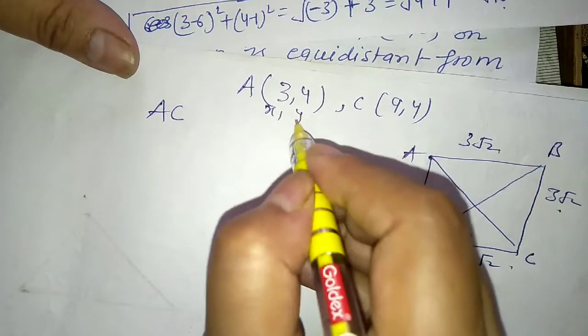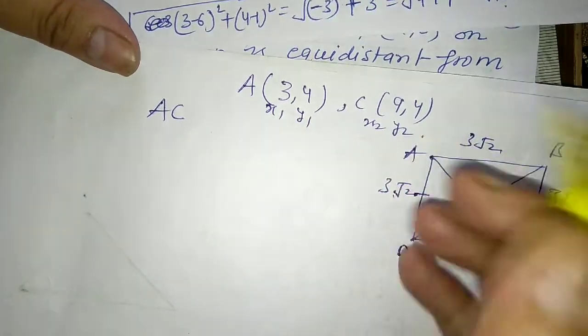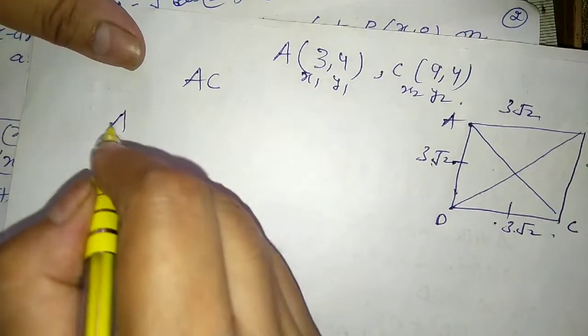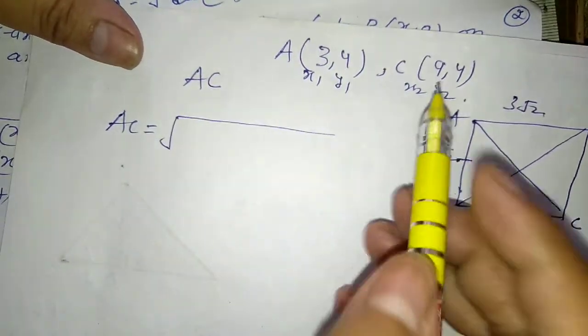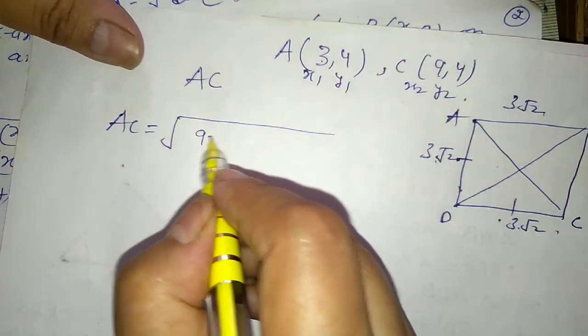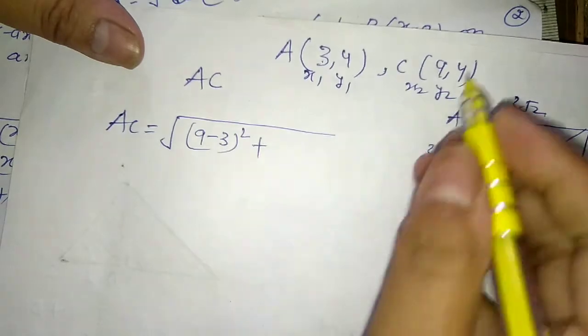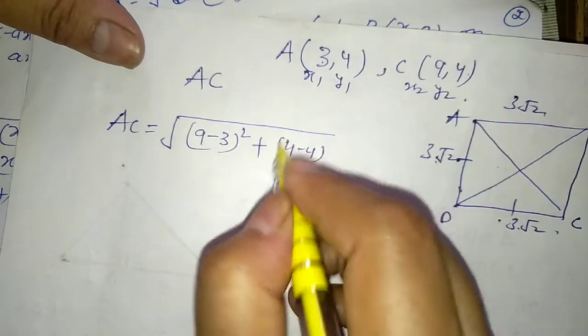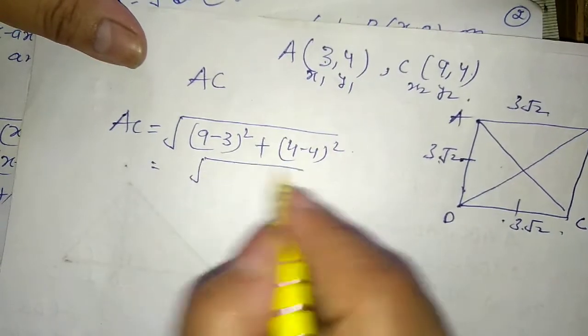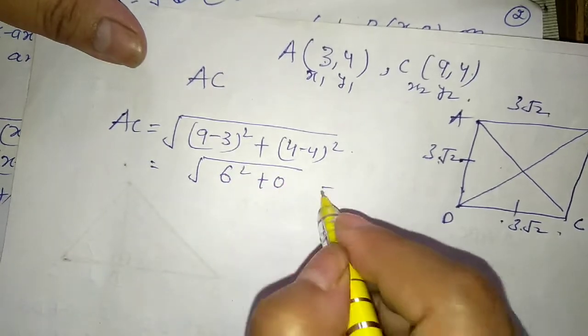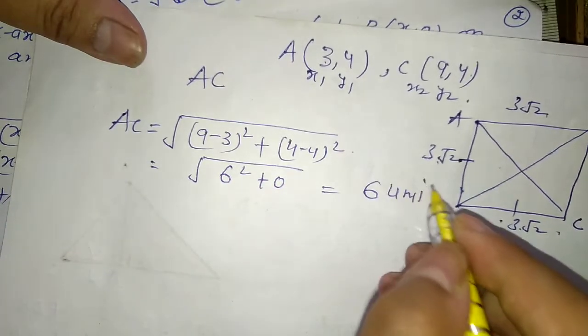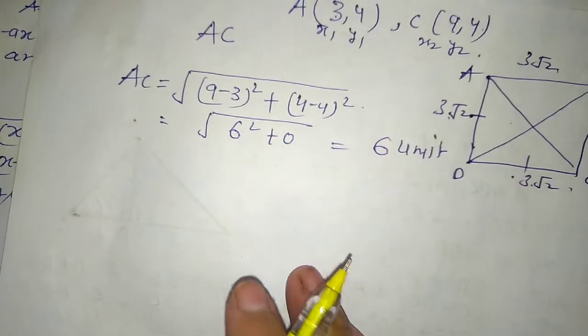So with x1, y1 and x2, y2, AC is equal to the square root of (9 minus 3) whole square plus (4 minus 4) whole square, which is under root 6 square plus 0, that is 6 units. So the length of AC is 6.